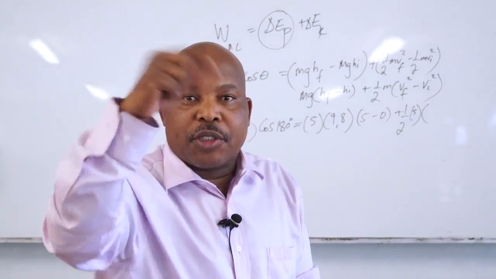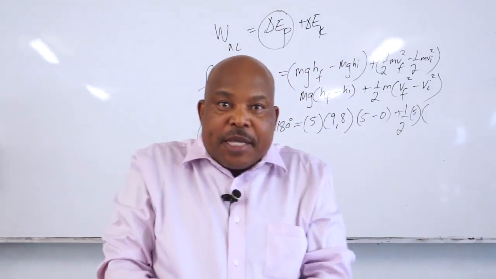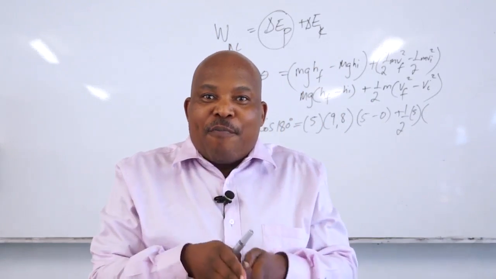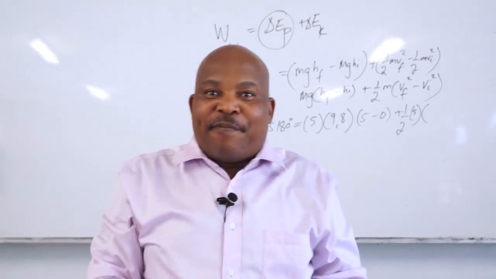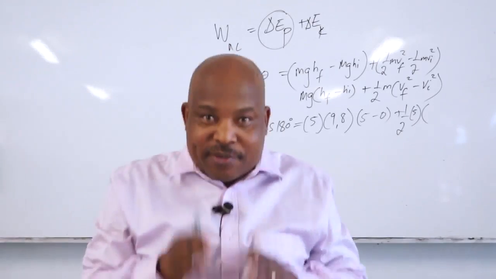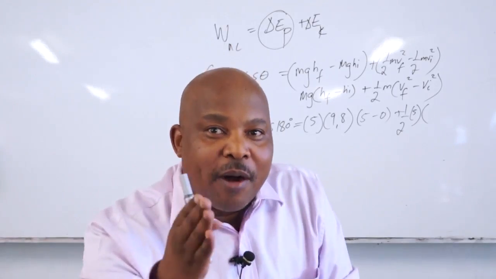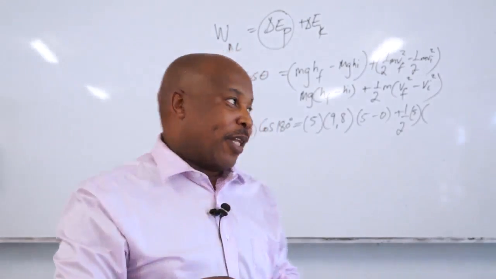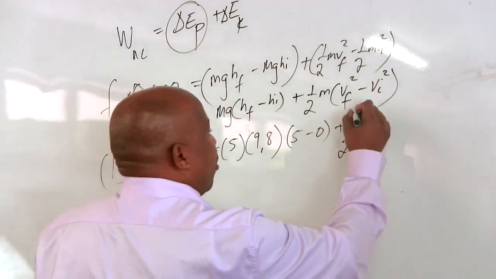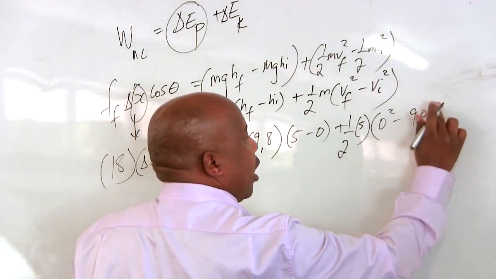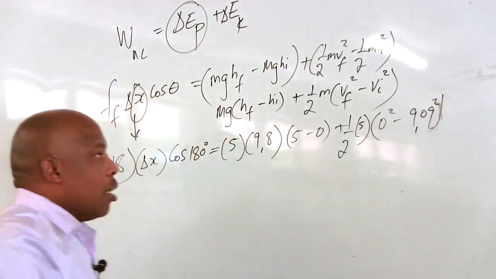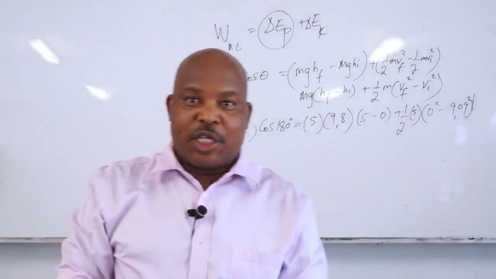What was 9.09? It was the final velocity at P. Now from P up the incline to Q, that 9.09, which was final velocity, now becomes initial velocity. You must remember that. Therefore, we're going to have 0 squared minus 9.09 squared.